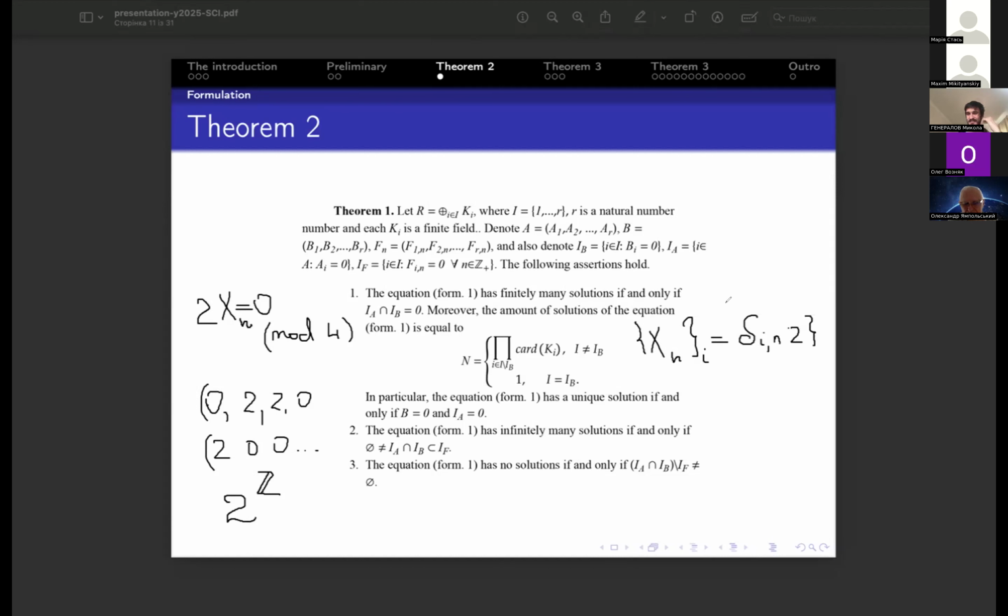I mean, where all coefficients x sub n are zeros except a particular one, and of course these are different sequences.